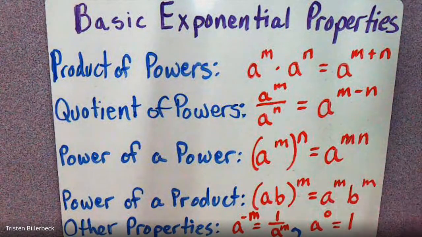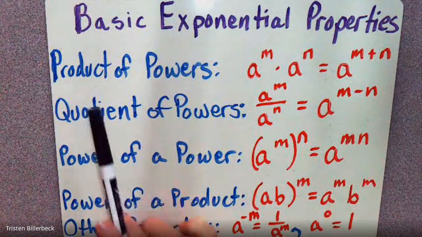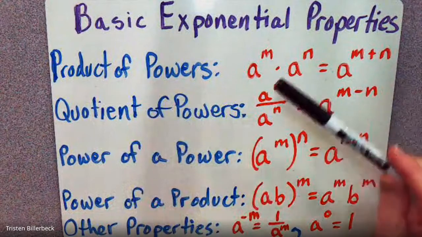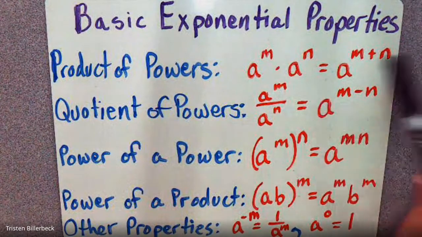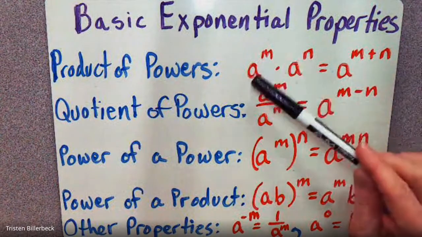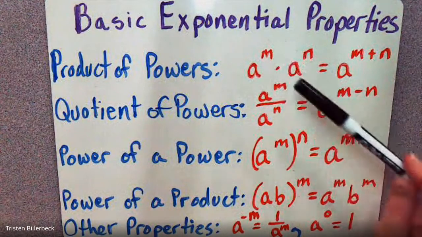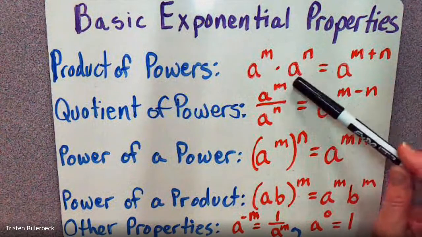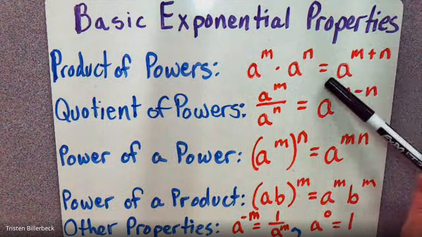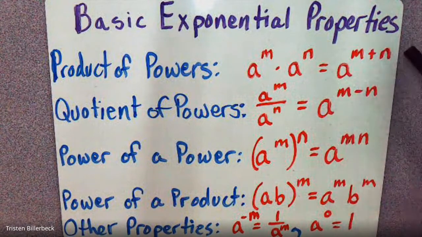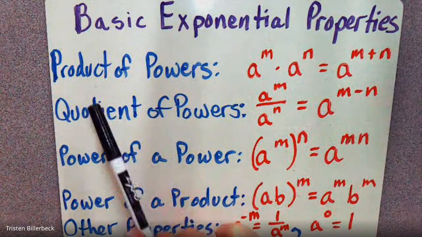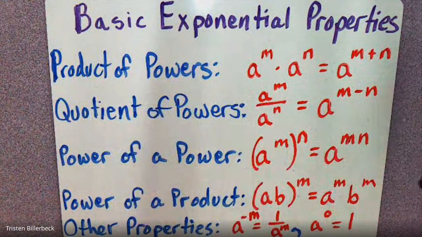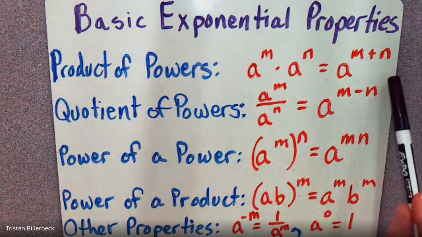are basic exponential properties. So we've learned the product of powers. Product means multiplying. So this is a power, a to the m, times another power, a to the n, equals a to the m plus n. So the product of powers follows this rule.